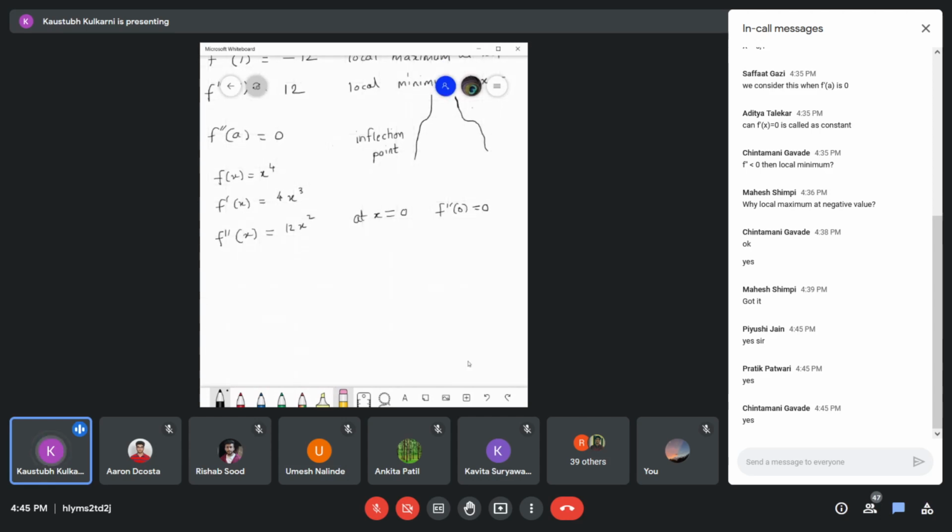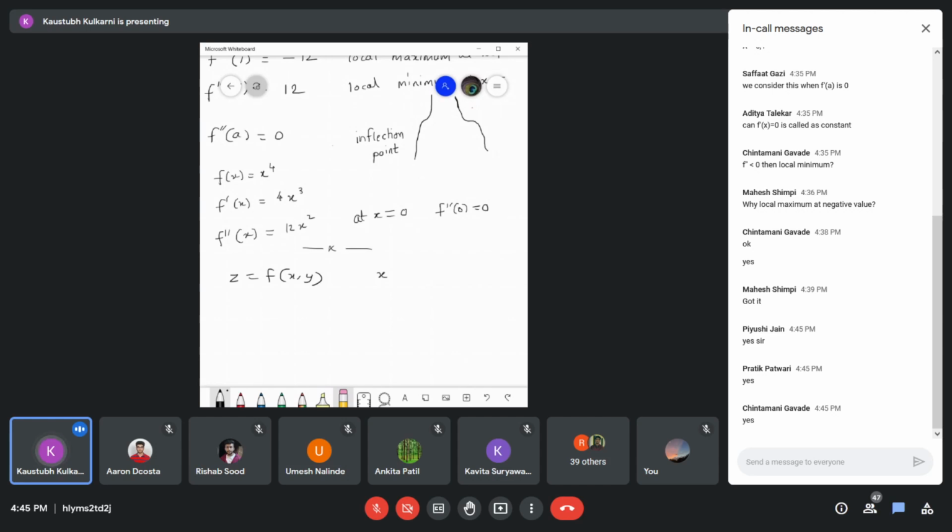So, in case of more than one variable, let's consider the case with two variables. Let z equal f of x y.